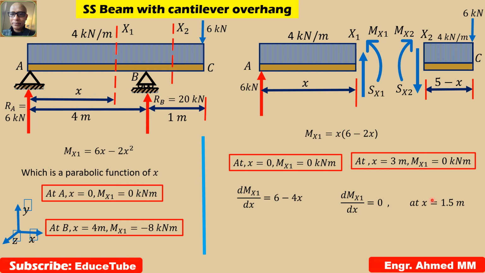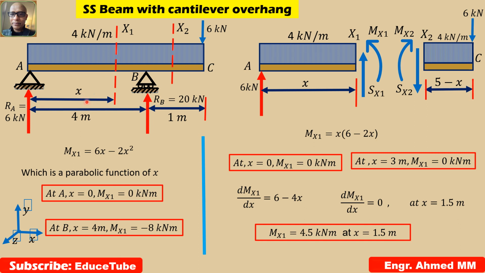Now we can find at 1.5 distance what the moment actually is. At 1.5 the moment will be 4.5 kilonewton meters, because our moment at 3 meters is 0.